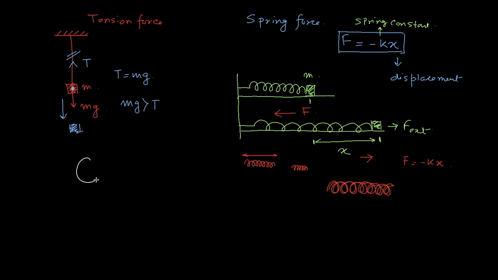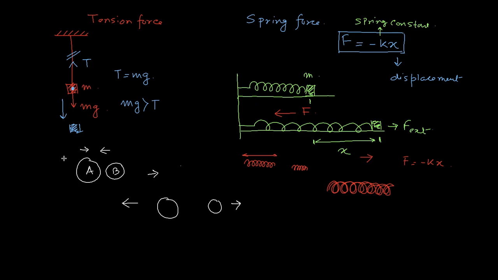So if there is a body A and a body B, and they are coming towards each other, that is a head-on collision. After colliding, body A moves in this direction and body B moves in this direction.